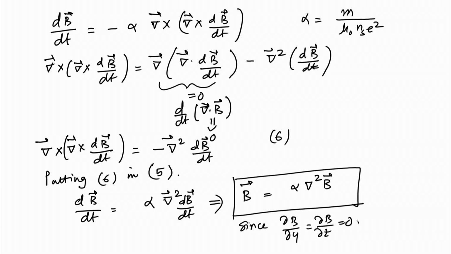This being equation 7, we can write it as B_x equal to alpha d2/dx2 of B_x.